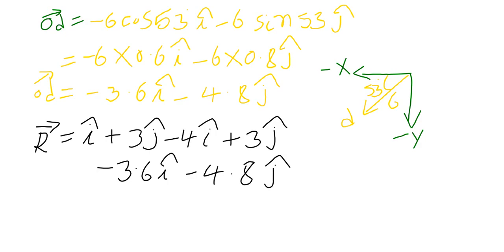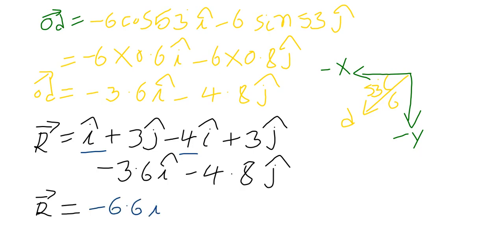So the resultant vector R bar is I cap minus 4i cap minus 3.6 I cap, which is minus 6.6 I cap.